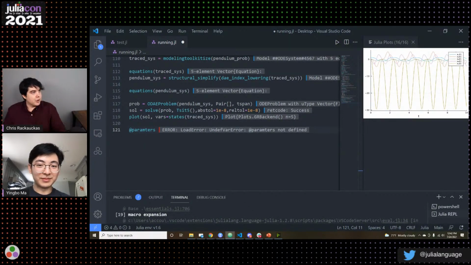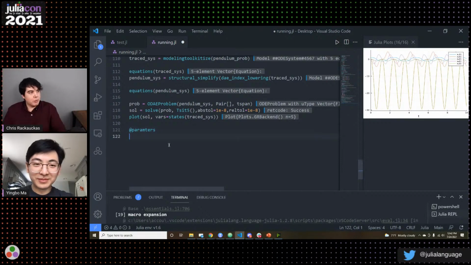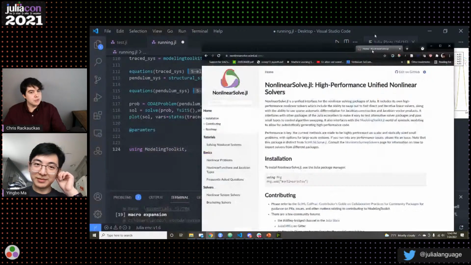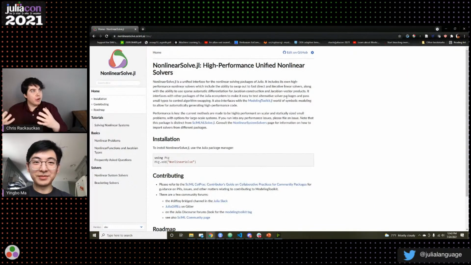When we're doing a nonlinear system, instead of using DifferentialEquations.jl, we will use NonlinearSolve.jl. This is one of the newer libraries in the ecosystem. Think of NonlinearSolve.jl as DifferentialEquations.jl for nonlinear solvers.